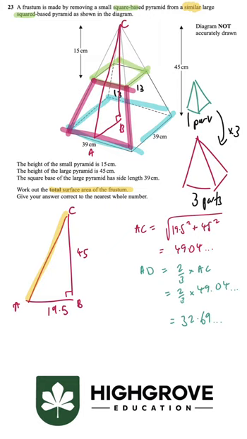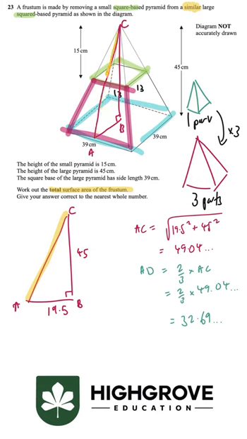So this length here will be 1 part out of 3 in total of the entire length here. So it will be 1/3 of this number. But that's not what I'm looking for. I'm looking for this length here.